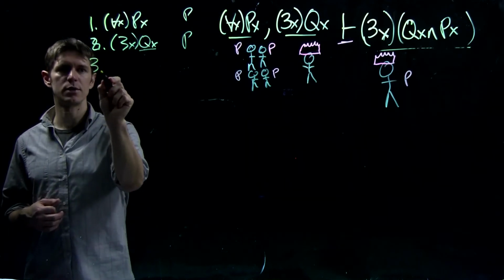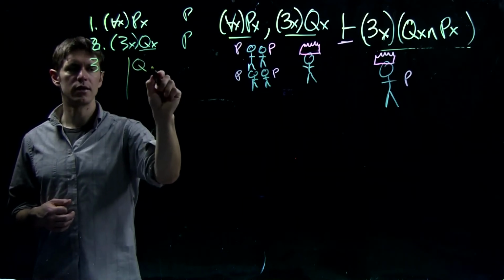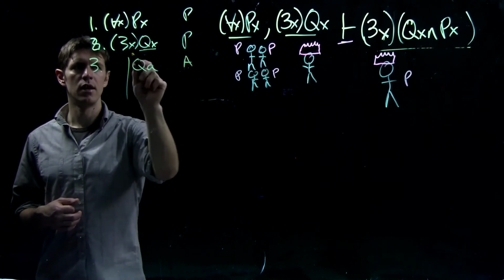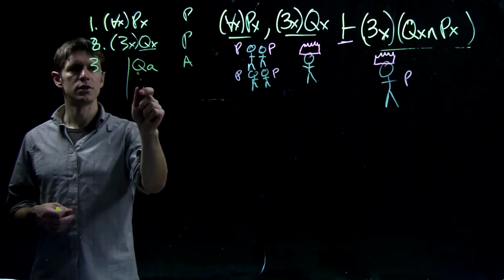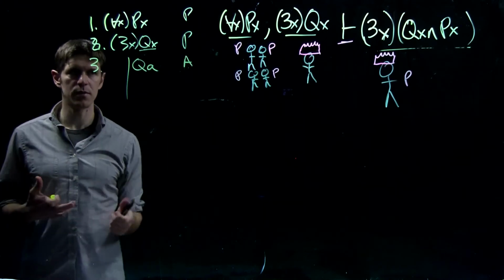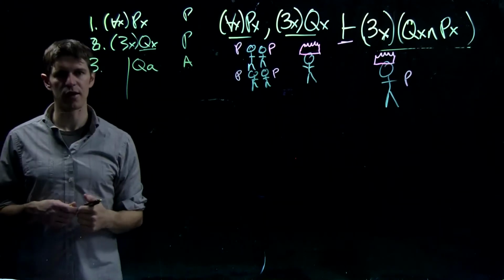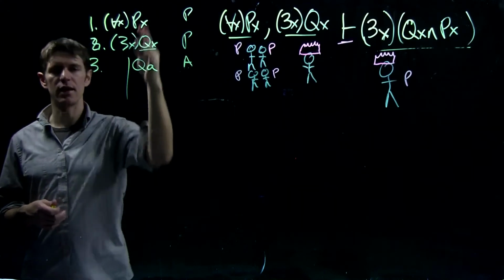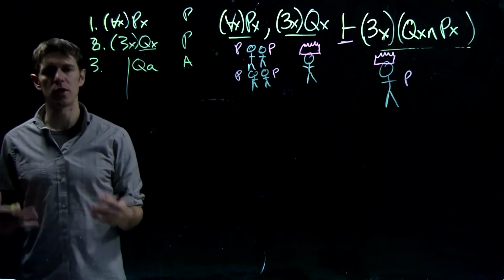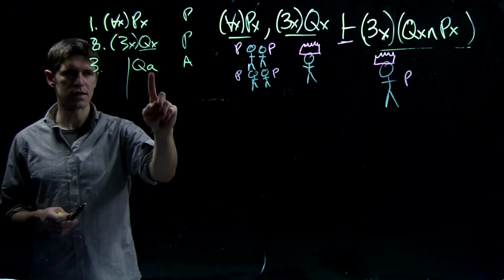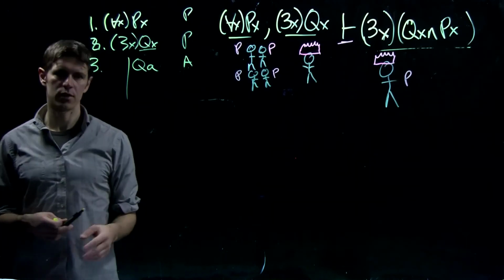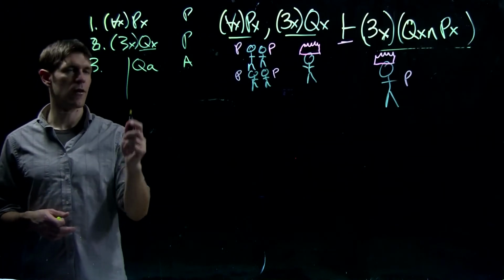And so the way to start is by, at line 3, making an assumption based upon line 2 for the purpose of using existential elimination. So line 3 involves an assumption where we simply replace the variable x with a, and it's acceptable to use this if we ultimately plan on using this subproof for existential elimination, because this a right here is not already found in the proof itself.